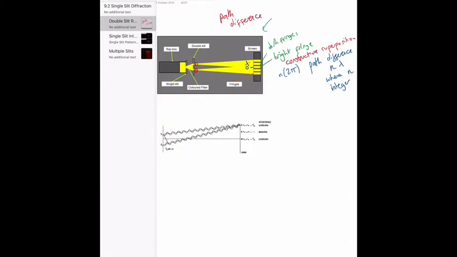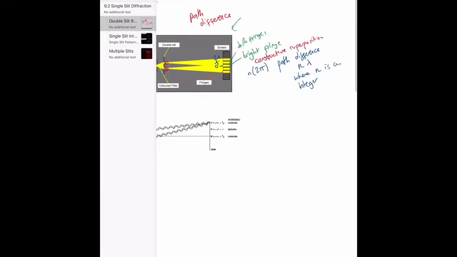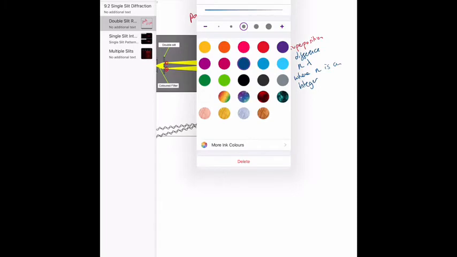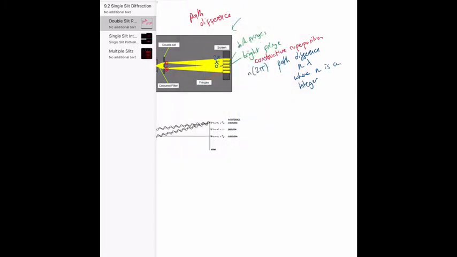So we've got a path difference there of lambda. Finally, for the next bright fringe, we're going to have 2 lambda. So it goes up by 1 lambda each time.